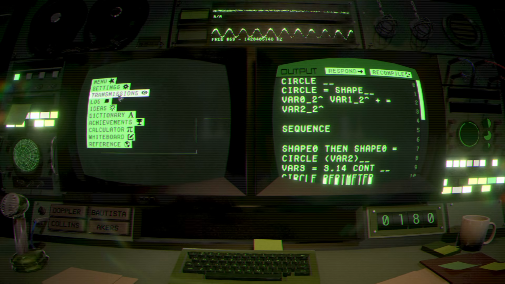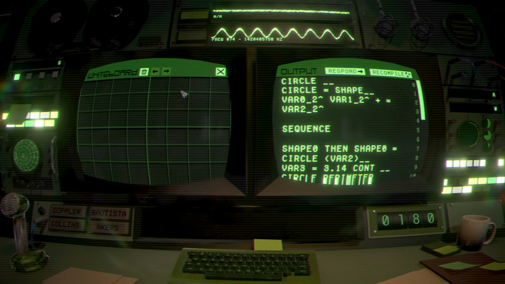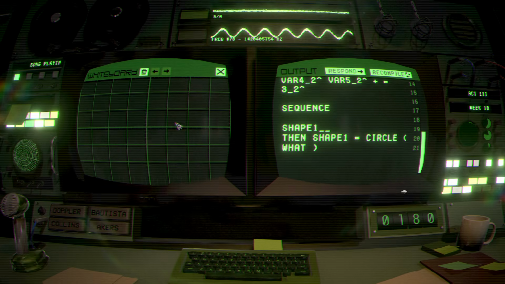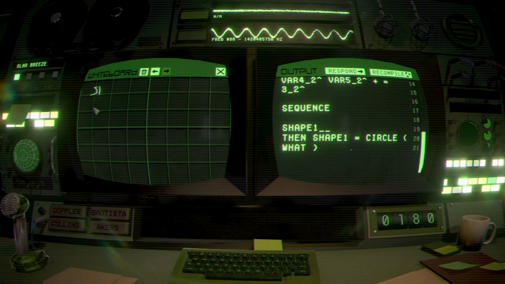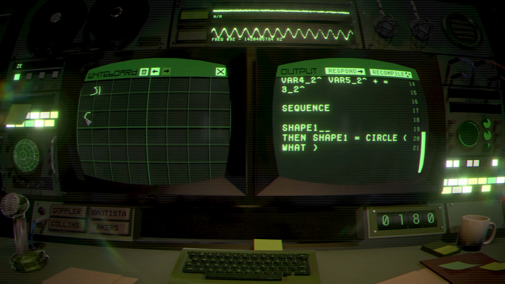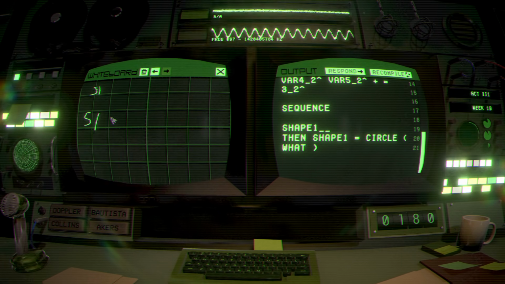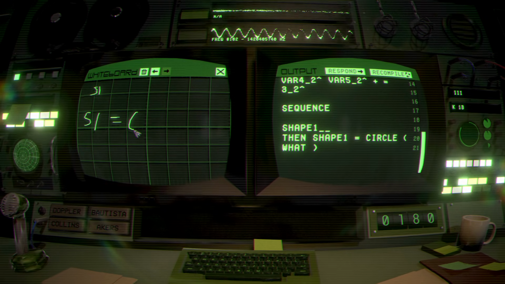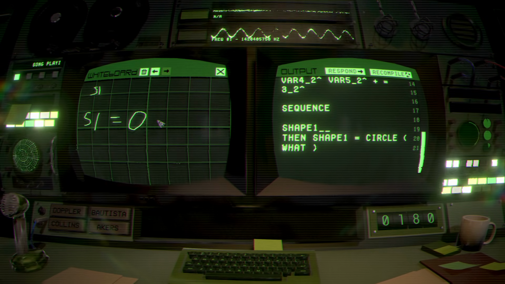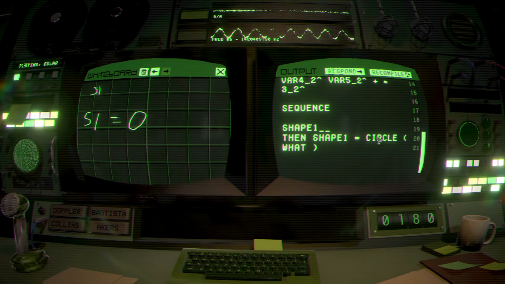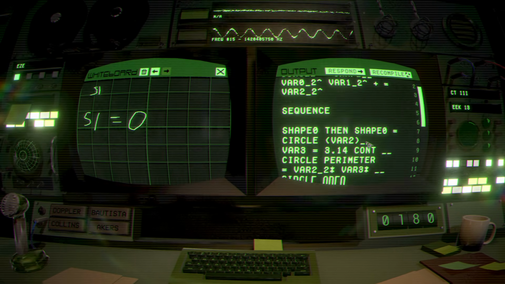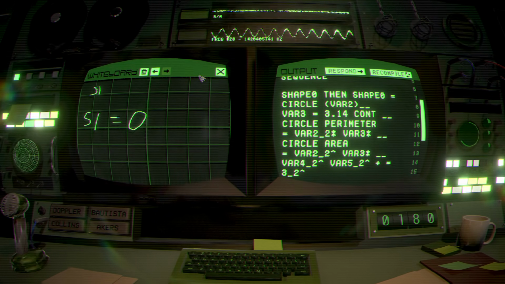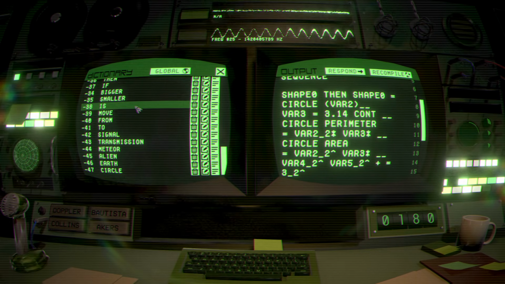So, go to the whiteboard. Maybe that'll help us here. What they're asking is shape 1. Shape 1 is a circle. Then, let me go back to the dictionary.